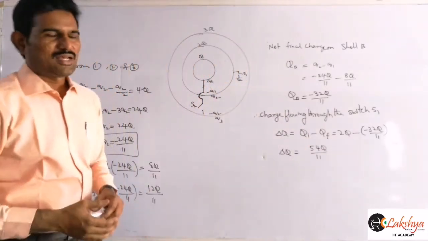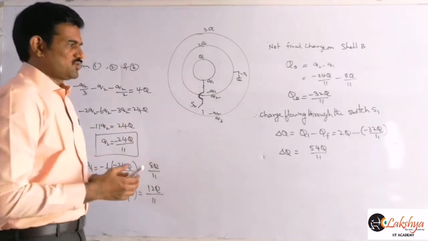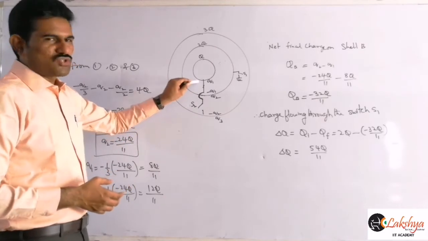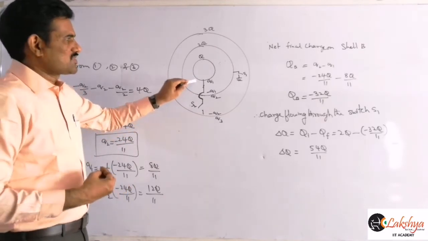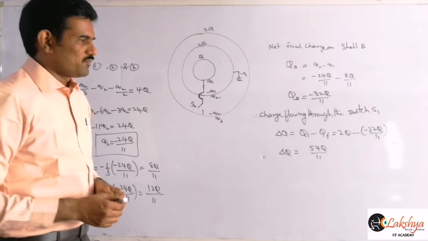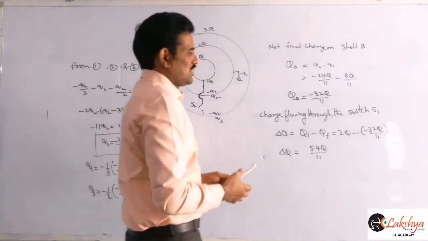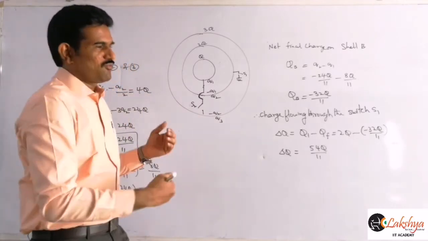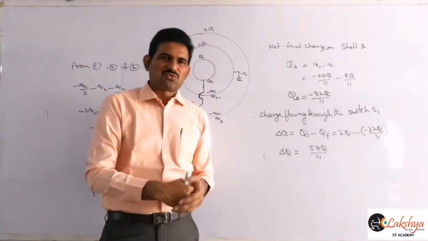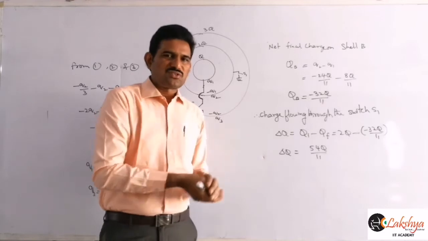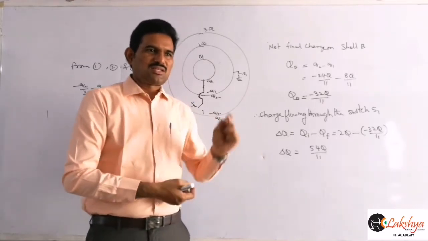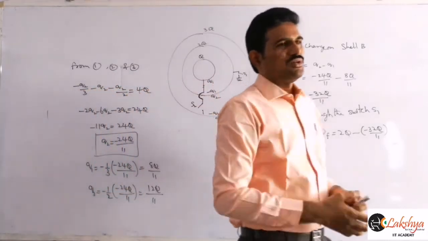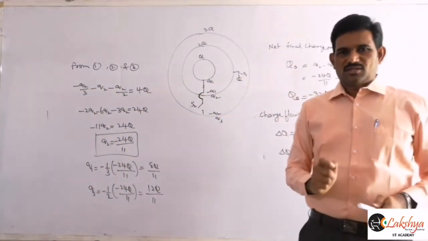Now similarly you can calculate the charge flowing through the switch S2 also. For that you simply calculate the difference considering only this charge, for example the charge present on this Q. Generally, when they are not asking whether it is flowing from ground to sphere or sphere to ground, we just write the magnitude of the charge. If they are particularly asking what is the charge flowing from ground to sphere or from sphere to ground, then you need to answer along with the sign.